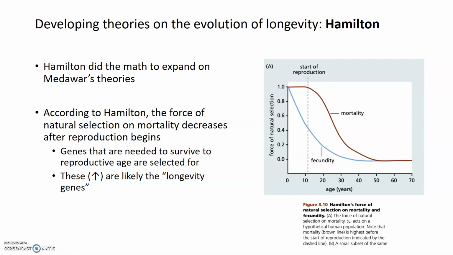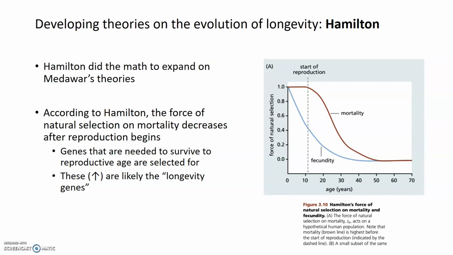Right? And so what Hamilton found when he started doing all of this math is that the force of natural selection will decrease after reproduction begins. The force of natural selection that's acting on mortality, controlling death, will decrease after the start of reproduction. You can see the start of reproduction here indicated by the dotted line, and you can see that the force of natural selection before that is at 100%, or 1.